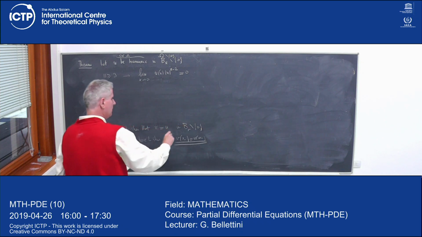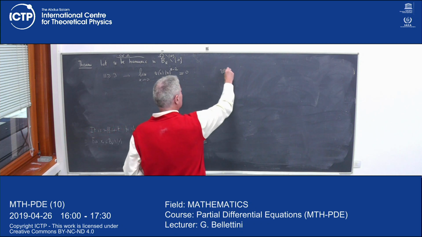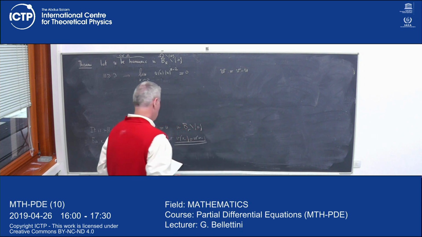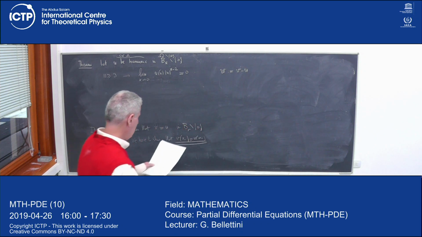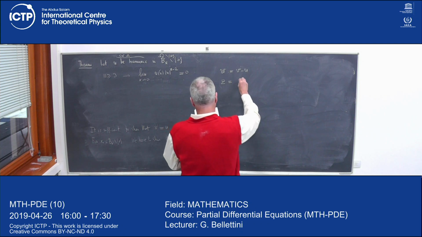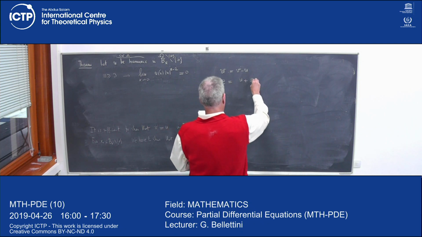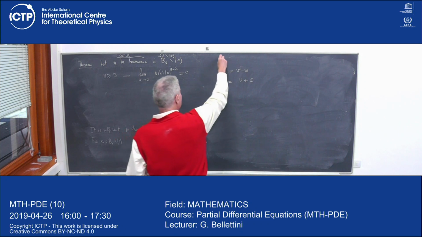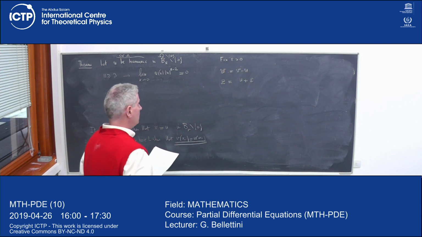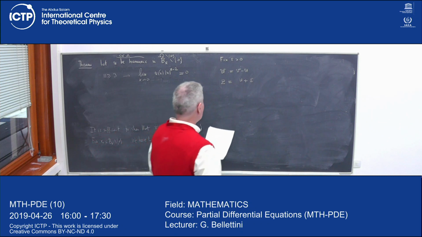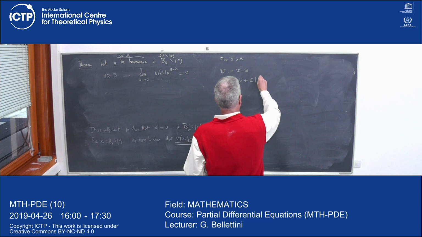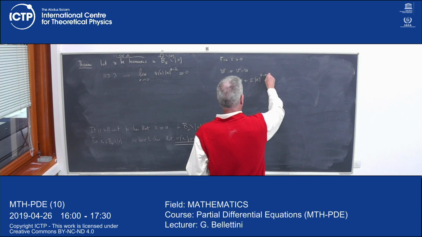Take the difference now, w equals v minus u, and consider z equal to w plus, fix epsilon positive, epsilon times the fundamental solution, x to the 2 minus n.